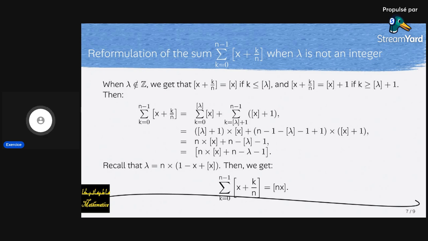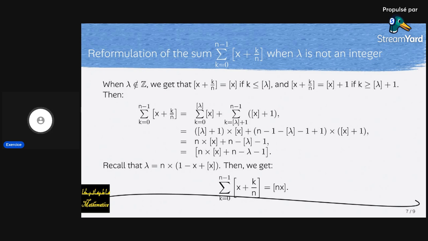Then this sum will be split. We split this sum from 0 to the integer part of lambda, where we get only the integer part of x, and from the integer part of lambda plus 1 to n minus 1, where we get the integer part of x plus 1.